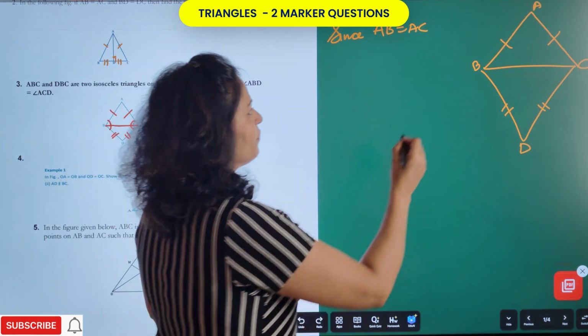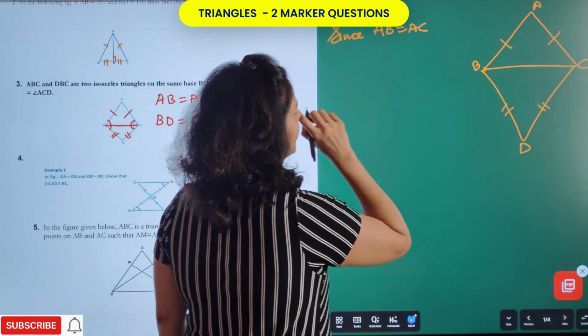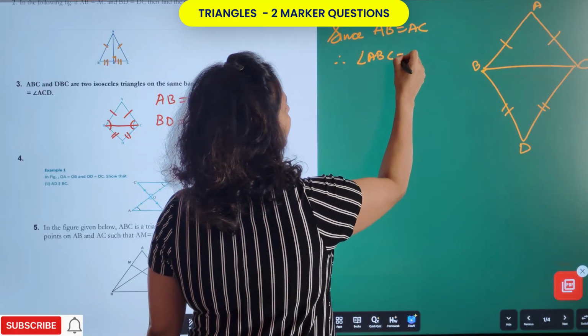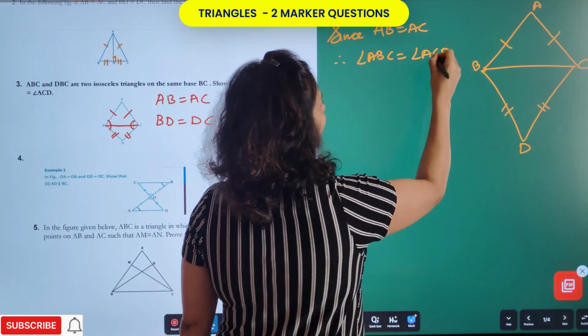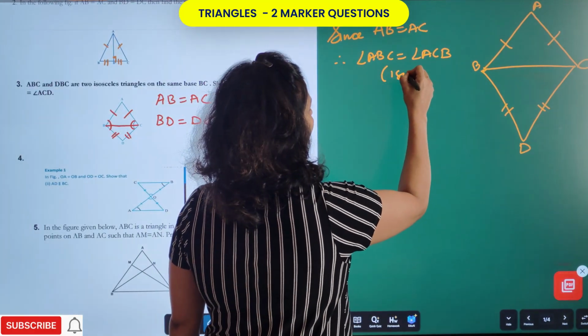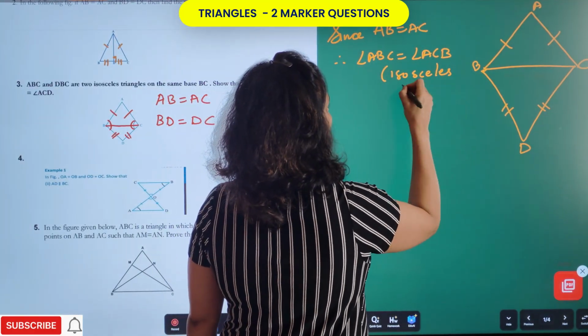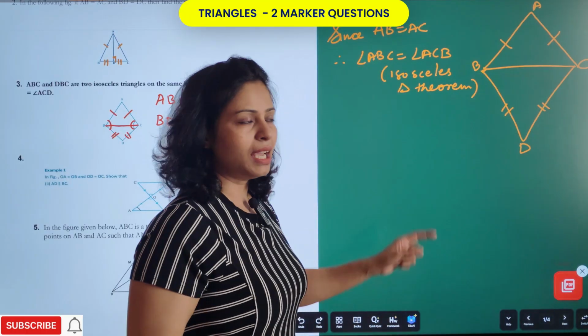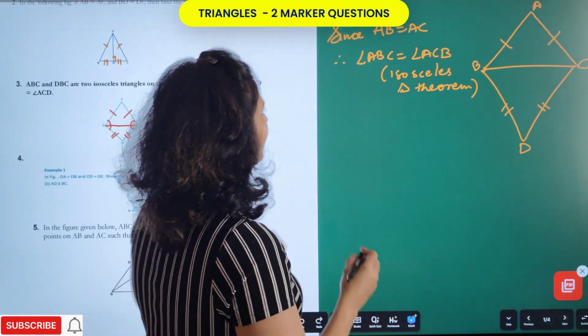Since AB is equal to AC, therefore we can write angle ABC is equal to angle ACB. This is again the isosceles triangle theorem, which says that the angles opposite to equal sides are equal.